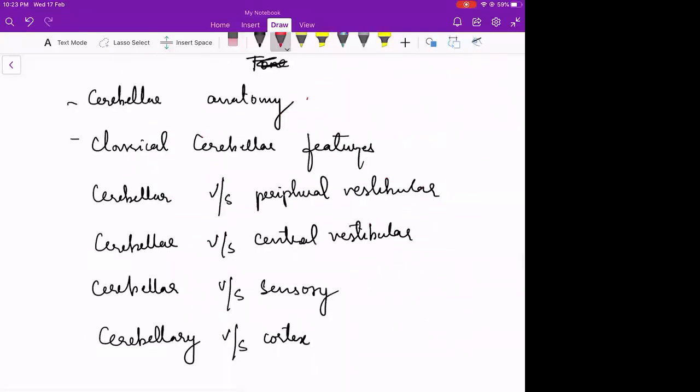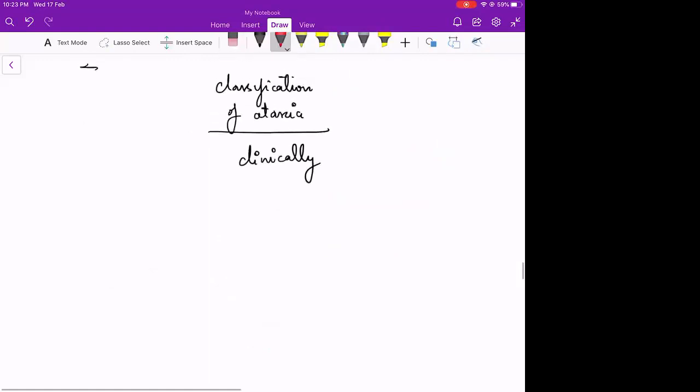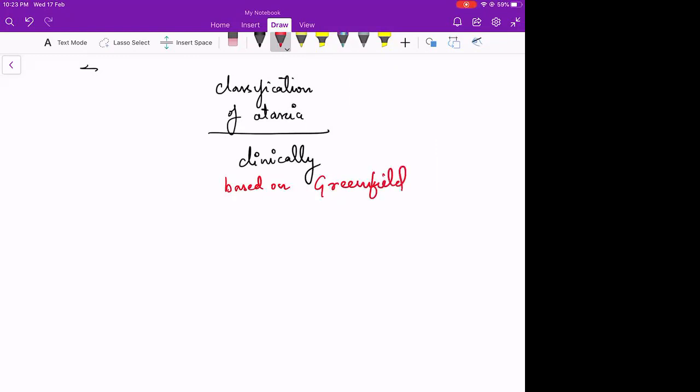Till now, we have discussed anatomy, cerebellar features, and differentiating between peripheral vestibular, central vestibular, sensory, and cortical ataxia. Coming to the classification of ataxia, clinically we classify ataxia based on Greenfield's classification, which was modified by Harding.